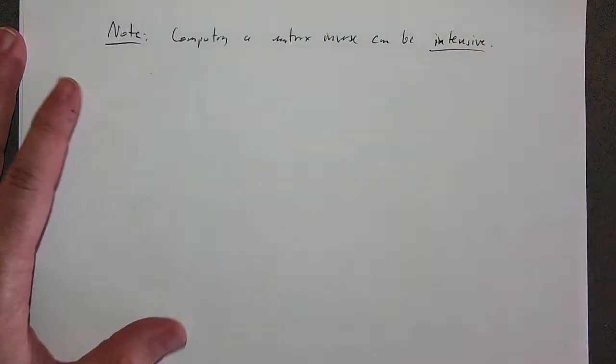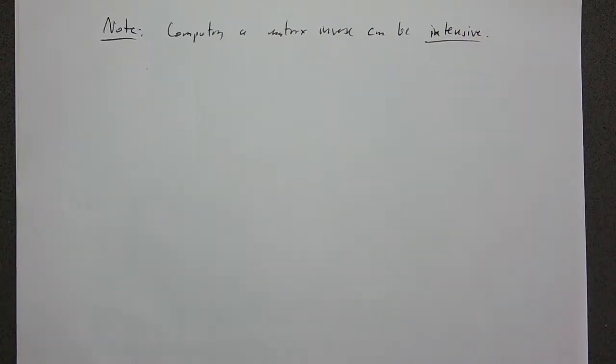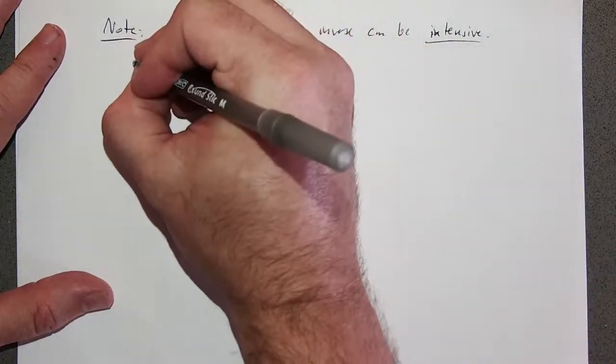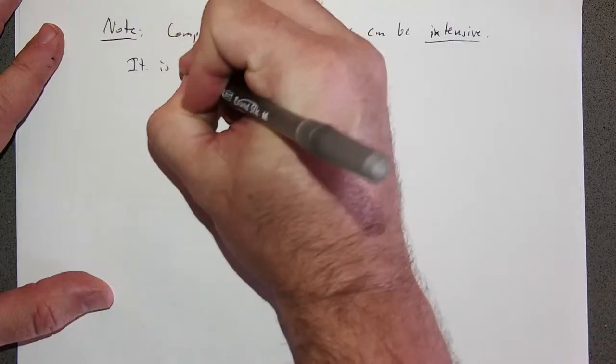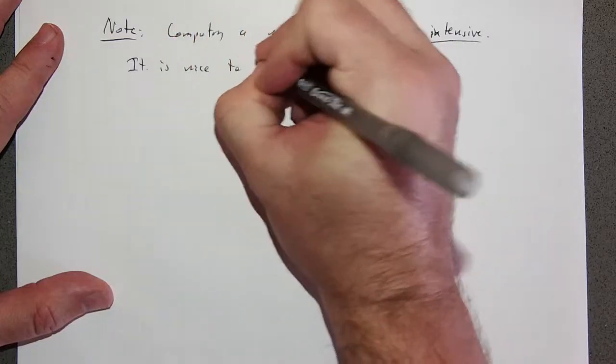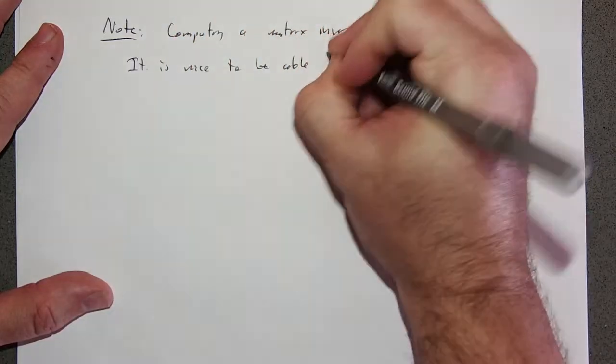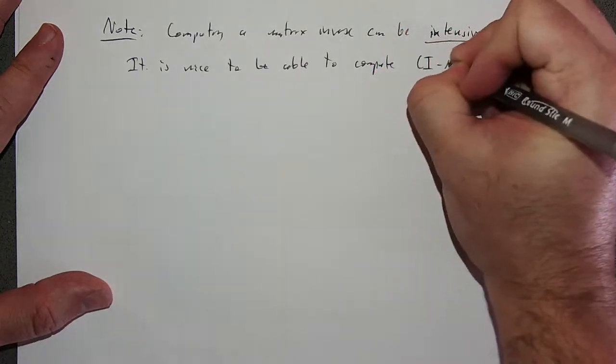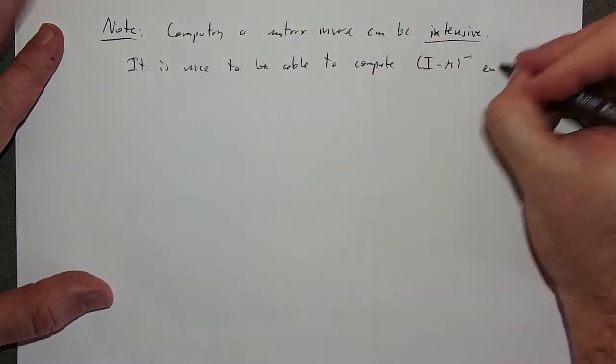You may be dealing with a matrix that's absolutely gigantic. So we would very much like to compute the entries entry by entry if we can. It is nice for this reason to be able to compute I minus M inverse entry by entry.